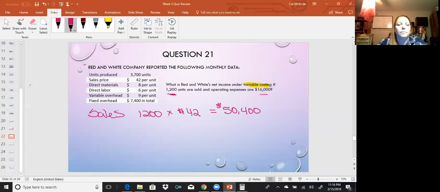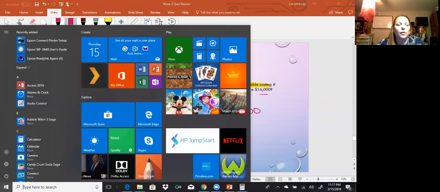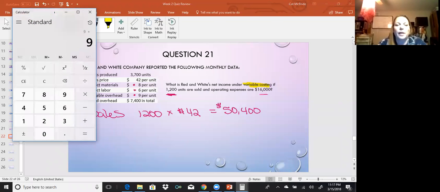If we produce 3,700 units and we sold 1,200 units, for variable costing, because we don't take everything, we need to know what our variable cost per unit is. So our variable cost per unit is the 8 plus the 6 plus the 9, because we don't include the fixed.